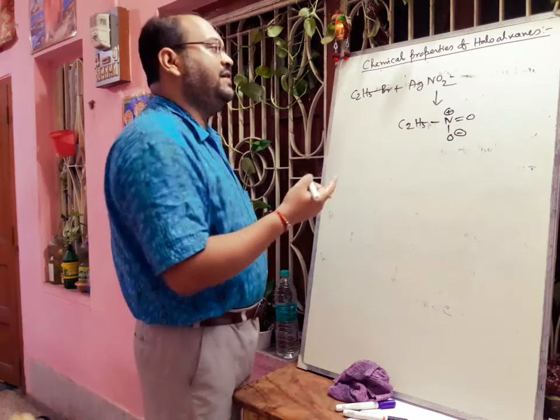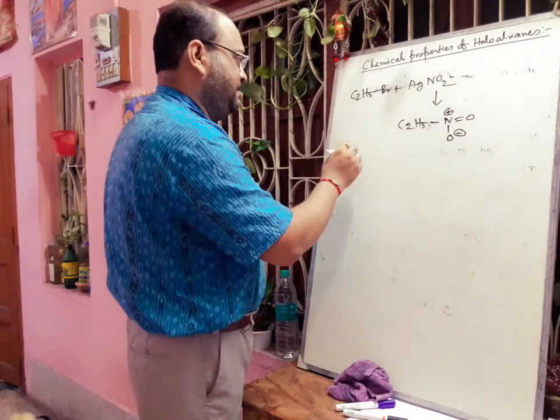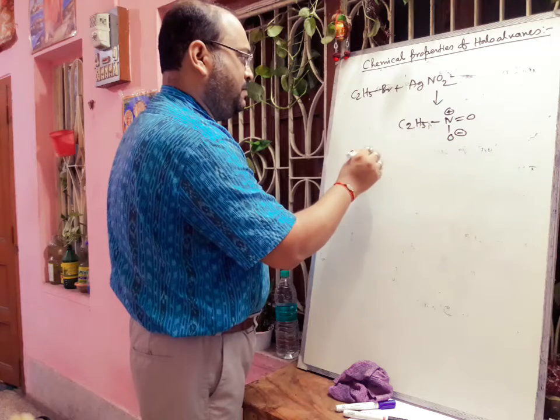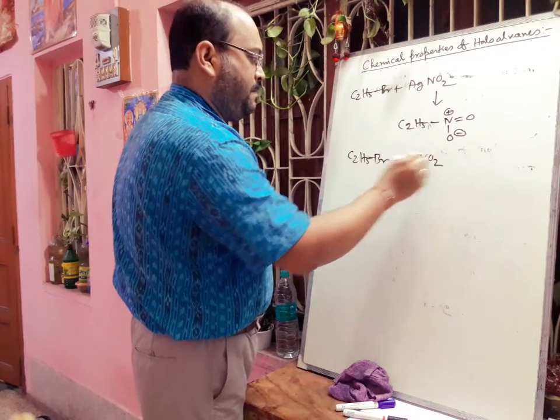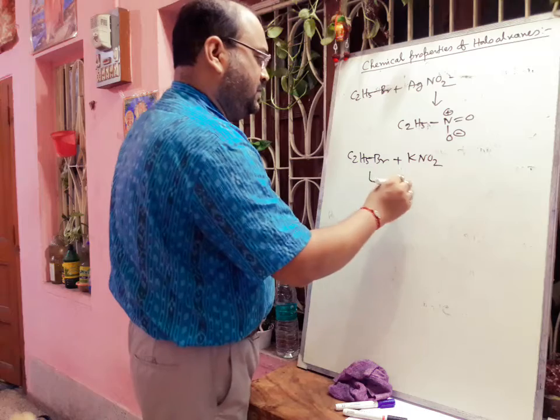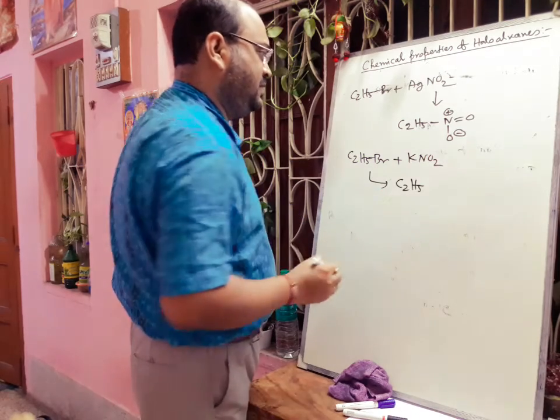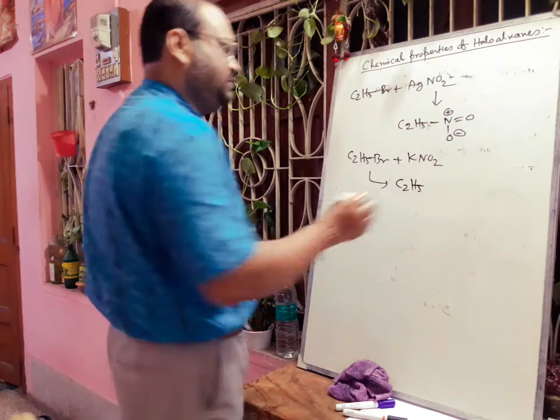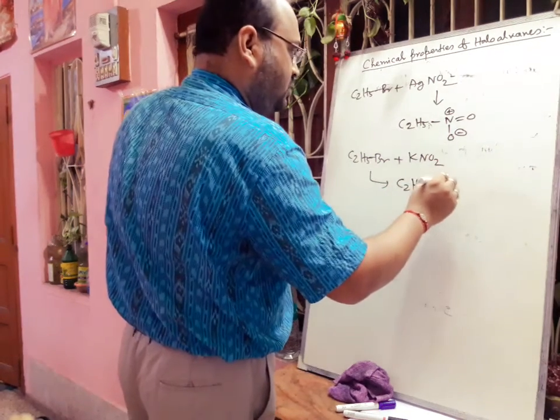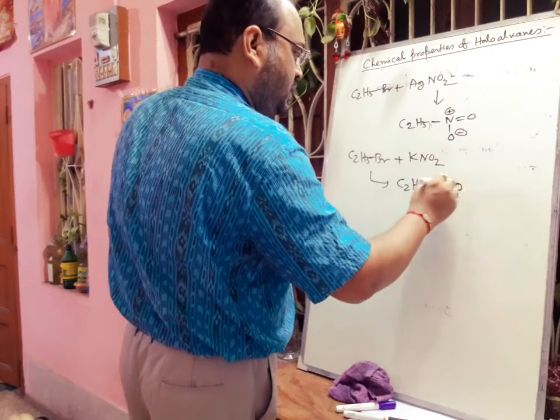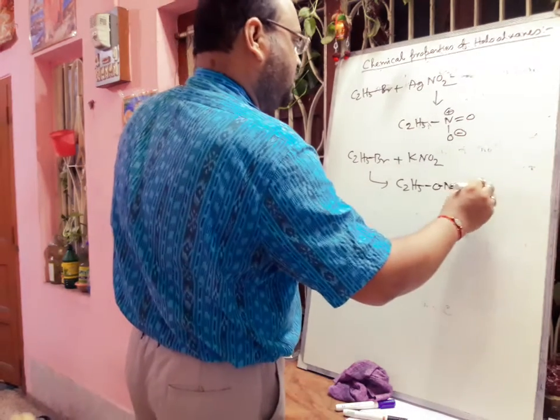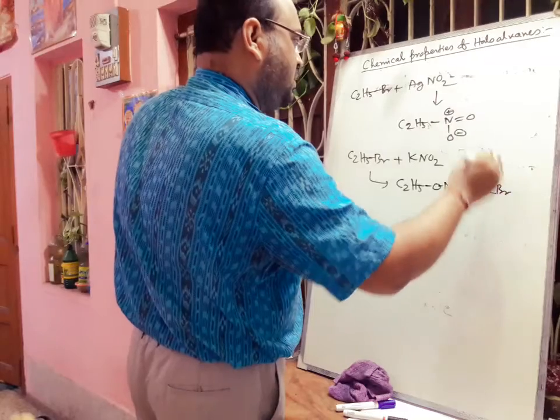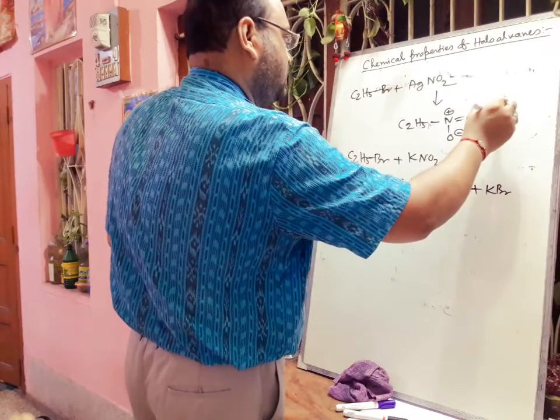But if I take potassium nitrite, then we will get C2H5ONO plus KBr.